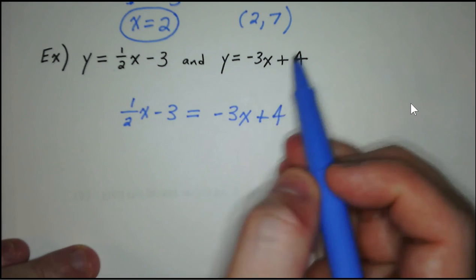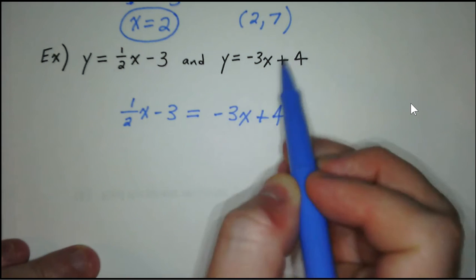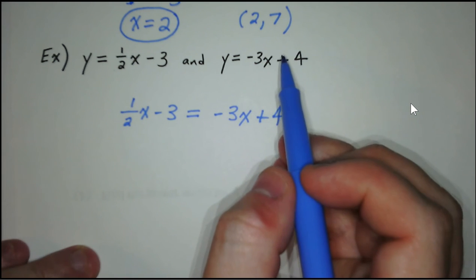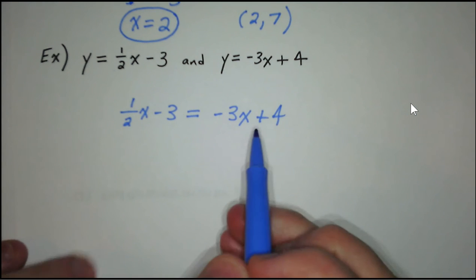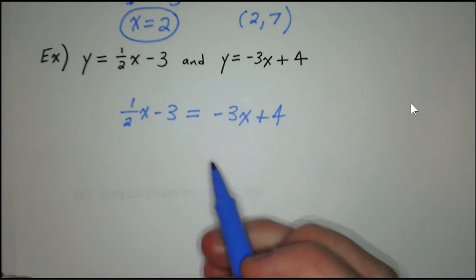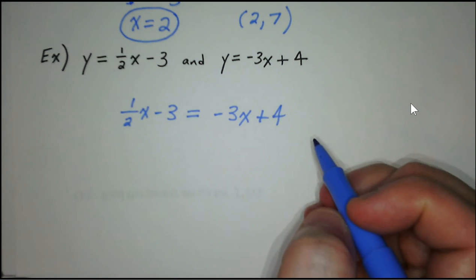If this equation was equal to y and this equation was something random like 3x minus 7y equals 4, then you couldn't do this specific strategy.